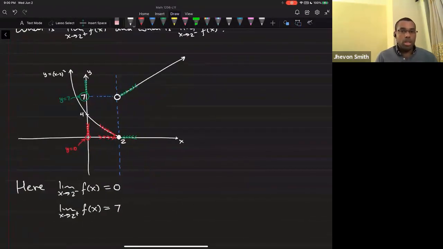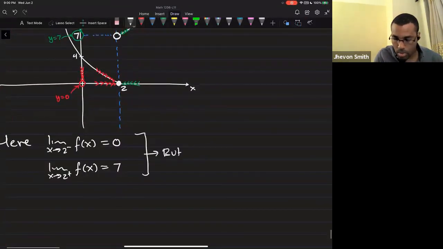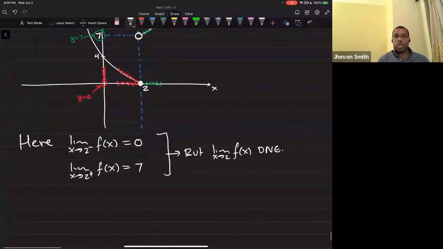So overall, the limit does not exist, but the one-sided limits do.